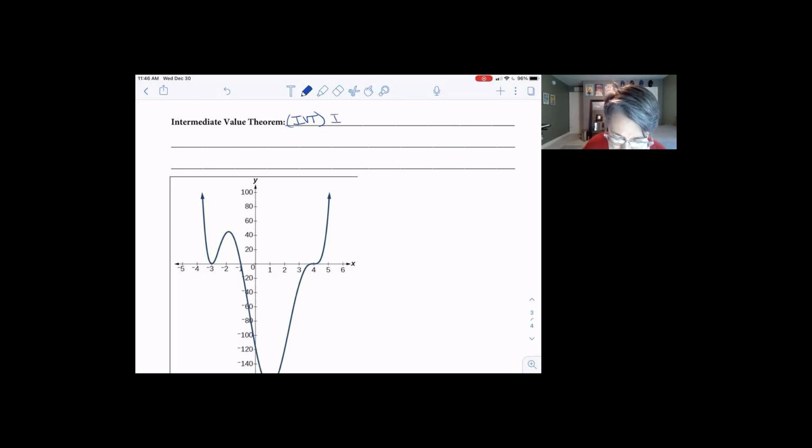So let's say if we have f of a and f of b on a polynomial, and their signs are different. Okay, in other words, opposites. One's positive, one's negative.